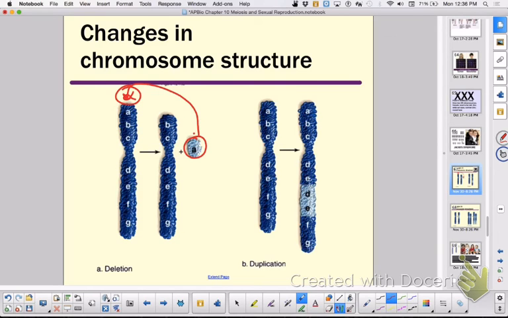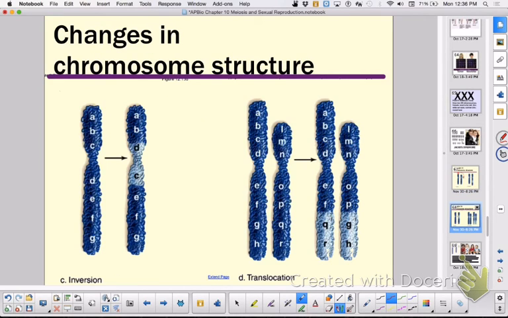Now those usually come hand in hand. This is an inversion. Somehow in the crossing over, this one thing got flipped. Okay, that would be an inversion. And a translocation is when you cross over not with your homologous pair, but with some other number. So let's say chromosome 8 and chromosome 13 get together and exchange information and do crossing over. That's bad, and that's called translocation.